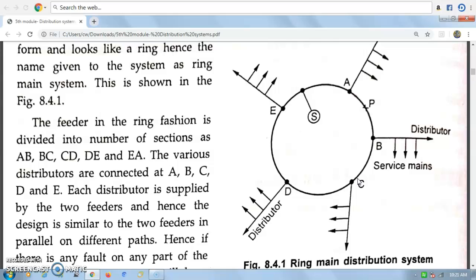Hence, this is the advantage, and it overcomes the disadvantage of the radial distribution system. The disadvantage of the radial system is eliminated by using the ring main distribution system, and also we can save copper, which is the major advantage of the ring main distribution system.